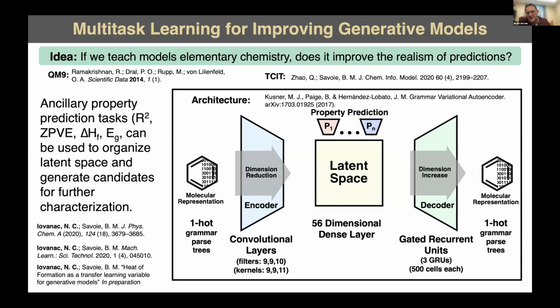Then towards the end of the talk, in the second half, I'm going to show some new data that goes beyond even just validity. We're going to combine a prediction task like the band gap, which is a quantity that we care about, with some elementary properties like the internal energy, the spatial extent, the zero-point vibrational energy, or the heat of formation, which don't have anything in principle to do with the band gap, but are elementary chemical properties that might help organize the latent space in a way that improves predictions. That's our hypothesis. Can these models actually benefit from learning elementary properties?